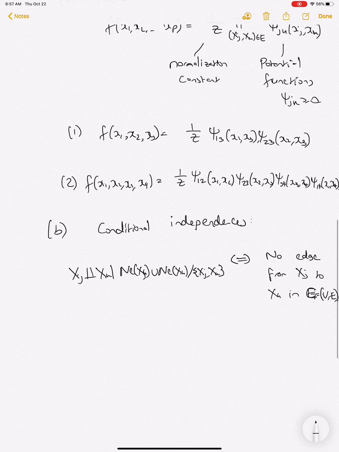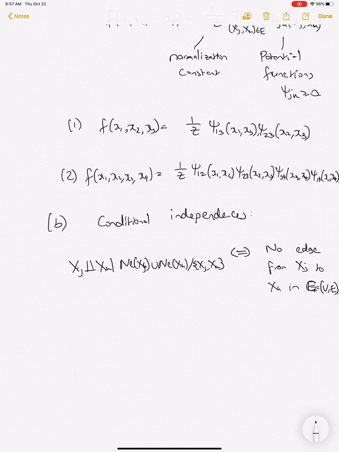And then there's this notion of conditional independence or dependence, where the neighbors of a node are really important. Remember that neighbors are the set of nodes that have an edge from that node to the other node.